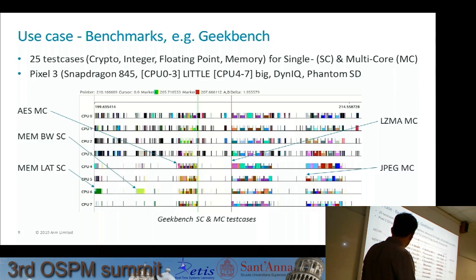You can see here 2 examples of the last 2 single core test cases, mem bandwidth and mem latency, and with the AES crypto test case, that's the first multi-core test case where we have to deal with those subsections. The device is a Pixel 3 Snapdragon. CPU 0 to 3 are little CPUs, 4 to 7 big CPUs. It's a dynamic system, like I said before, and we have those phantom domains in 4.9, in the current Pixel 3 device.